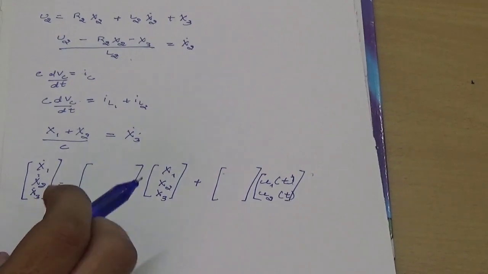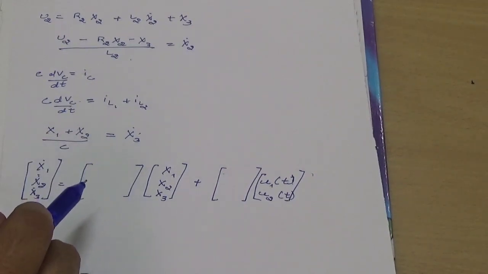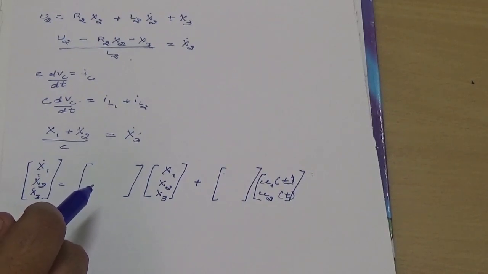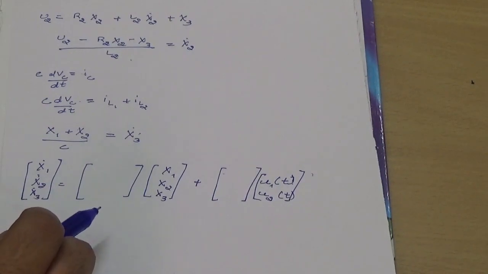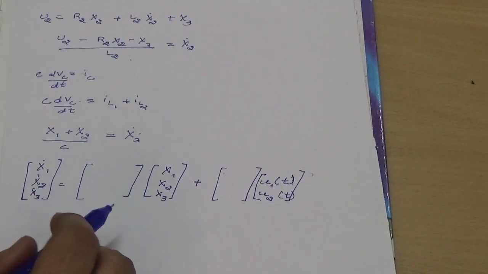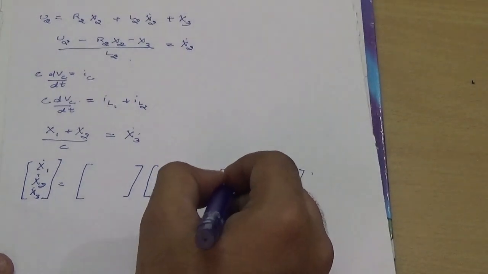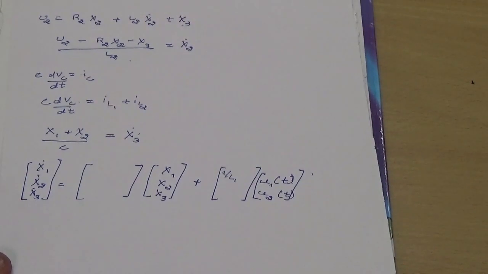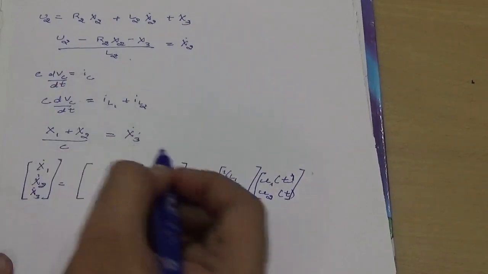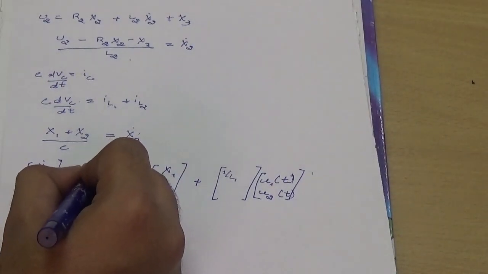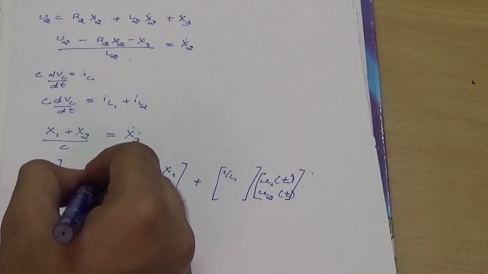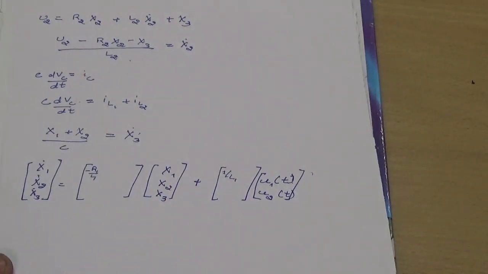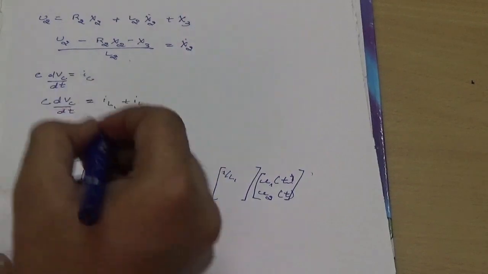Now from the expressions we have obtained so far, we know that x1 dot has the expression 1 by L1 into U1. Therefore I write 1 by L1 over here, and it has x1 with a coefficient minus R1 by L1. So I write minus R1 by L1 over here. Then it has x3 with a coefficient minus 1 by L1.